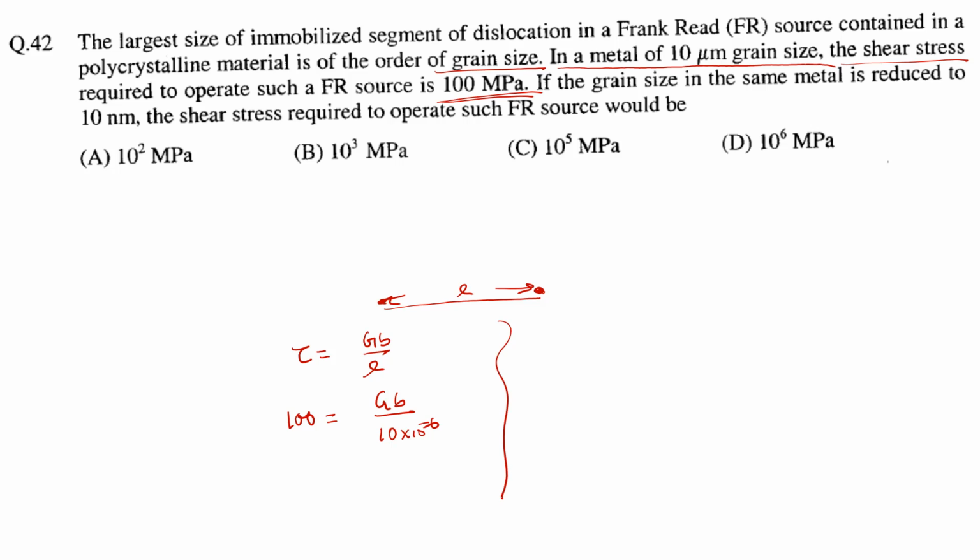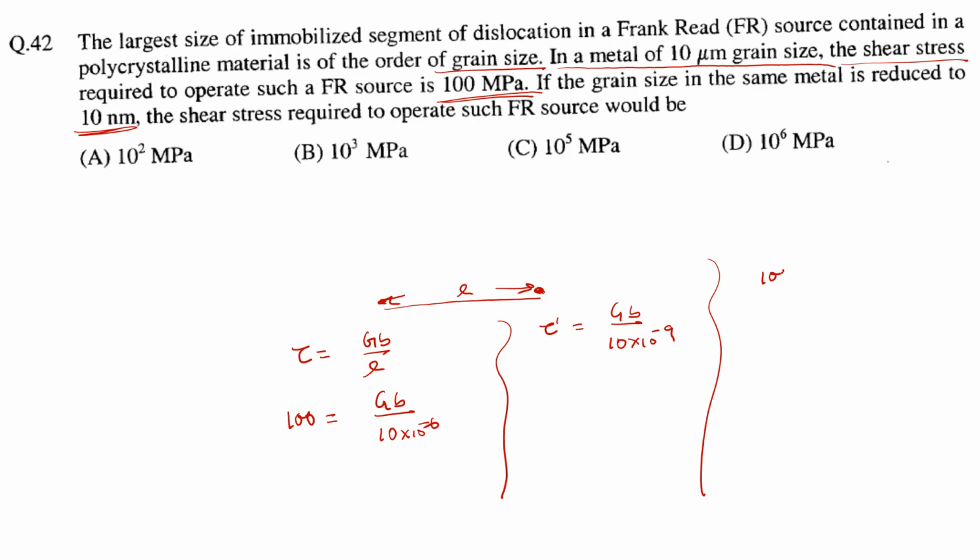In the next case we have to find the stress. Let it be tau dash equal to GB by L dash, because G and B will both be constant and equal to the first condition. L in the next case is 10 nanometer, so 10 into 10 to the power minus 9. Let us divide both.